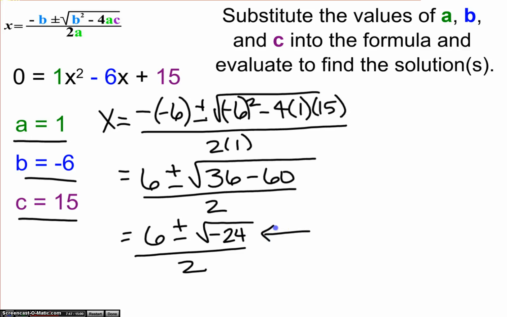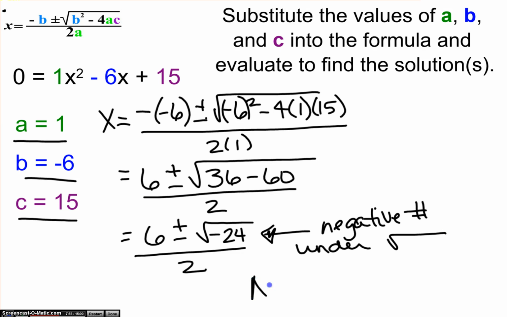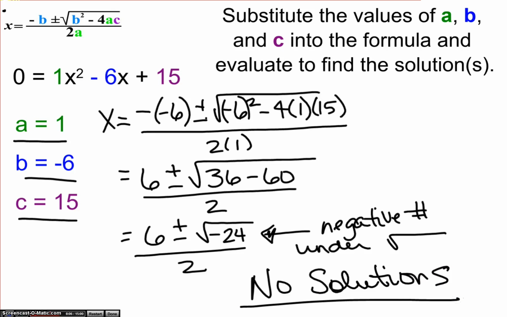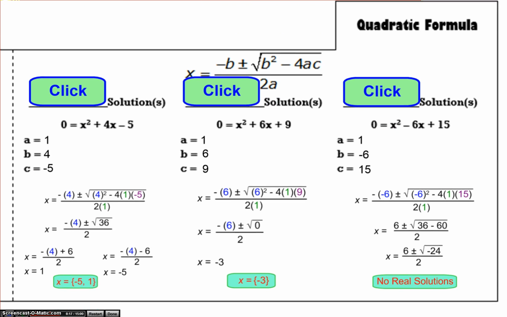When you have a negative number under the square root, your answer is no solutions. Make sure you have this written down because that is a very, very valid point. So, filling in the top of your formula.